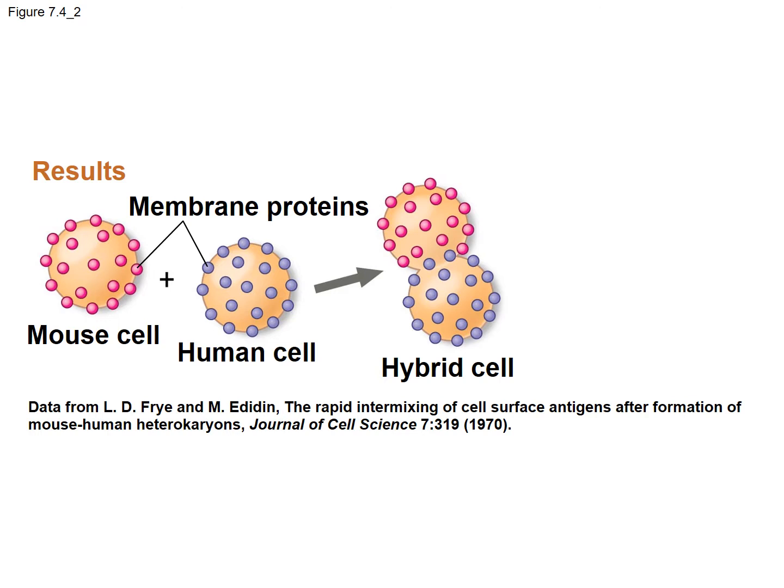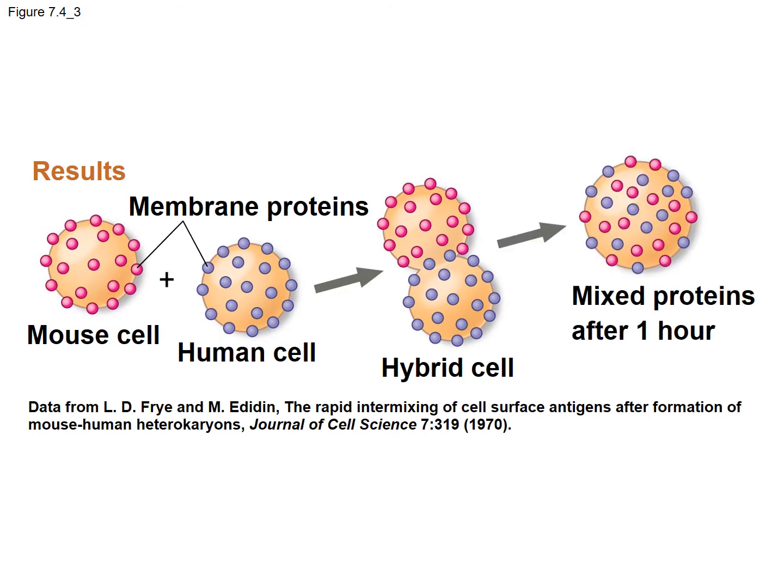Initially, at time 0, one side of the cell is going to be purple or blue, and the other side of the cell is going to be red or pink. Let's say after an hour, look at that. Basically, those proteins were redistributed along the surface of the cell. So you can see that the proteins, lipids as well, can move side to side along the membrane.